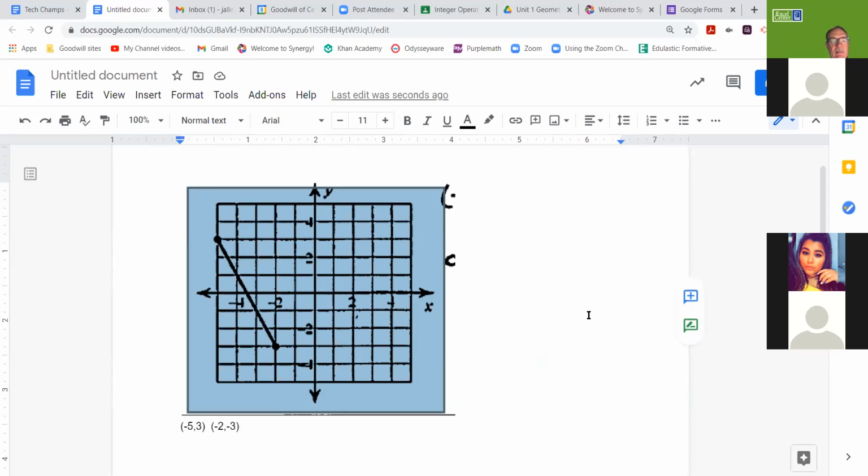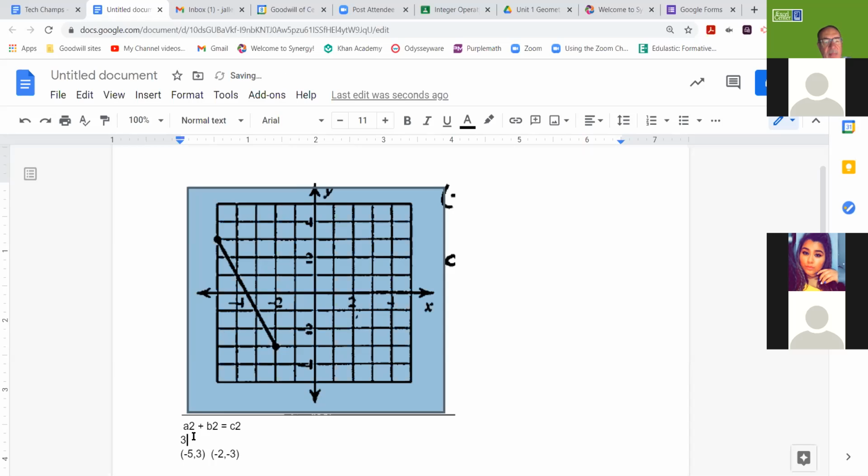That's 6. Remember, the Pythagorean theorem is a squared plus b squared equals c squared. Typically, the short side of the triangle is going to be the a value. So that's 1, 2, 3 over.